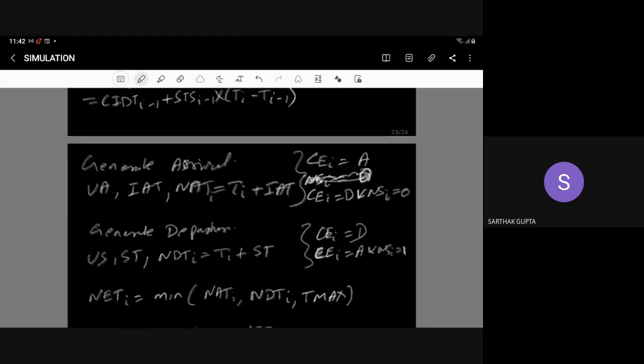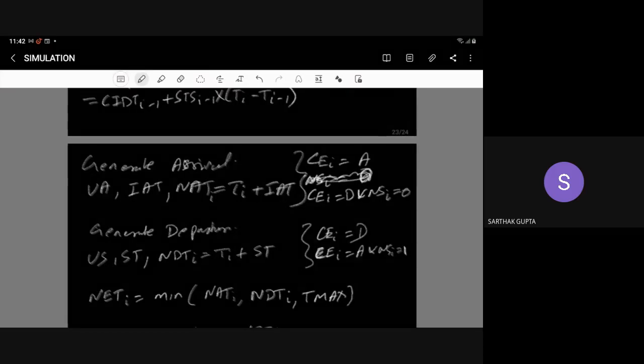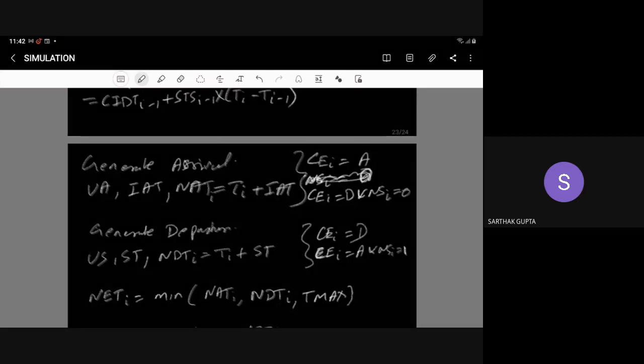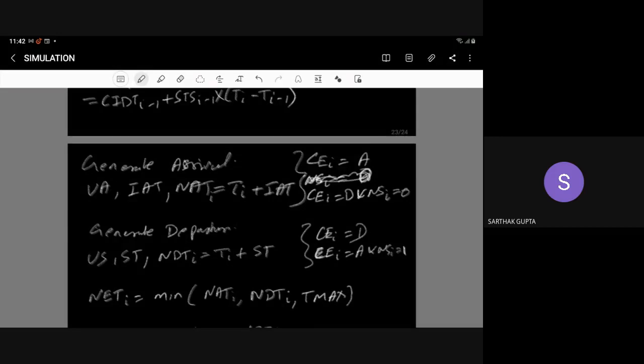At the 6th minute the system is empty, so you have to decide when the next customer will come, either at 6:10 or 6:15 or 6:20, because you have to continue your simulation up to 10 minutes. After taking the service the system is empty, ns is equal to 0, so at that time you have to consider the NDT as infinity also.